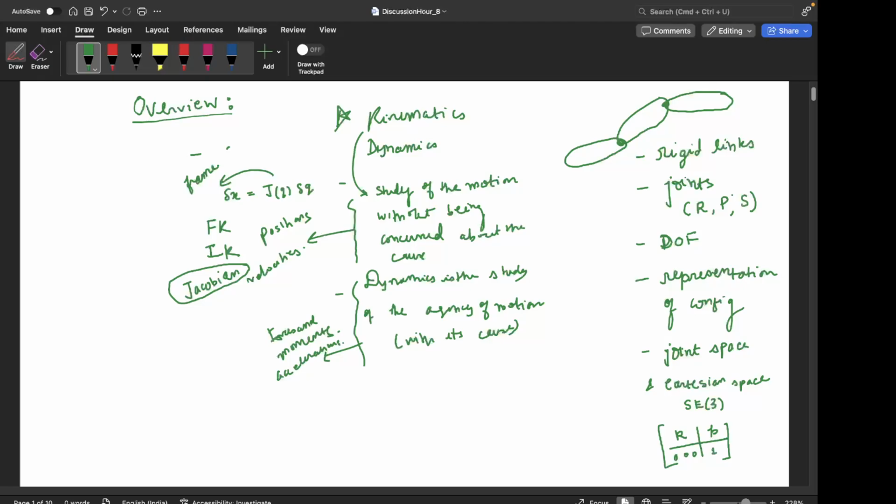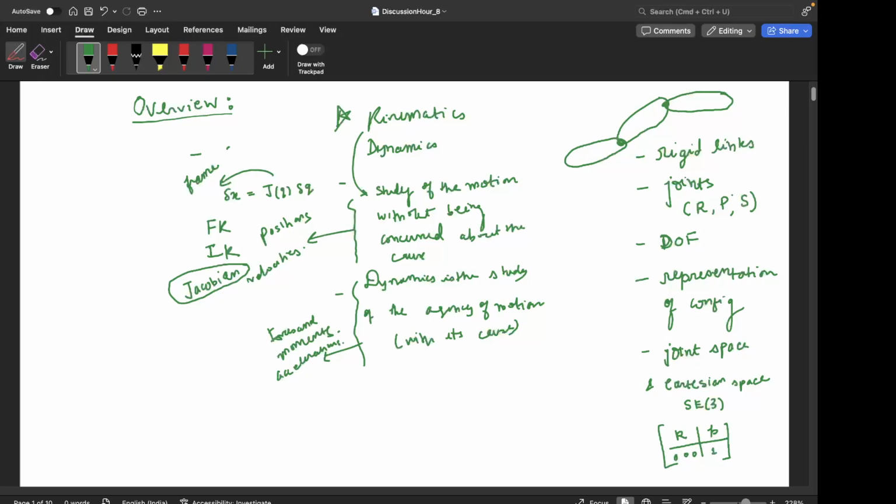In today's discussion we would see how to plan trajectories, and while planning trajectories it's very crucial to be aware that the manipulator does not cross through any singular positions, right? Because that would basically destabilize the control system.